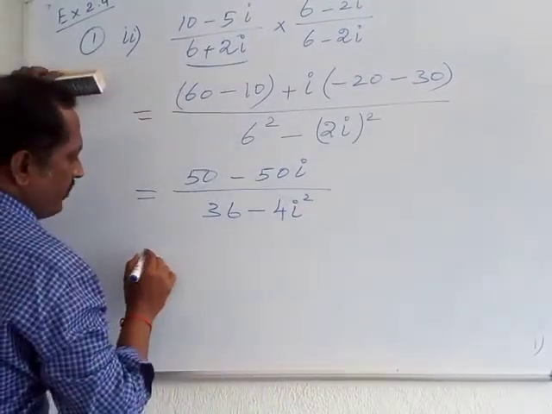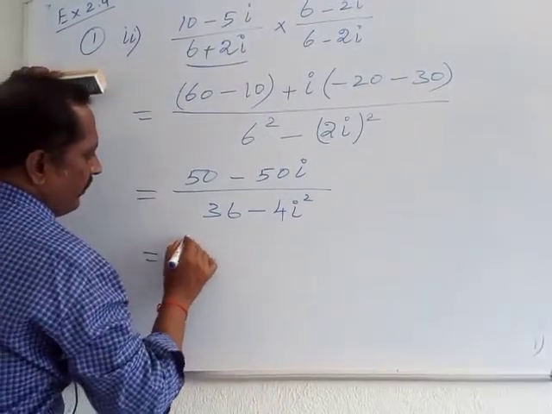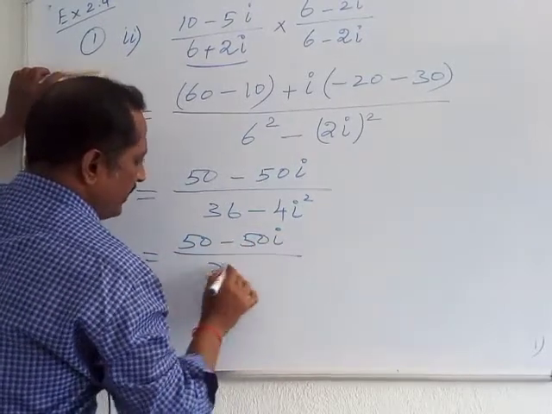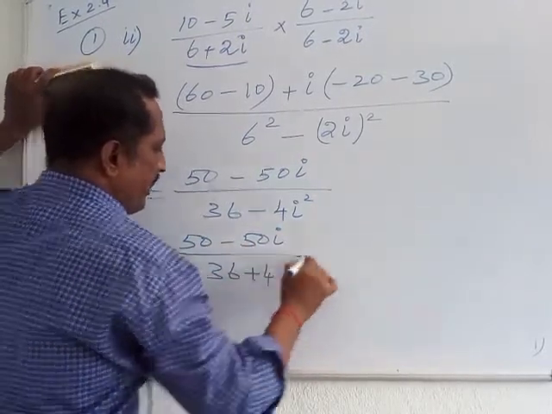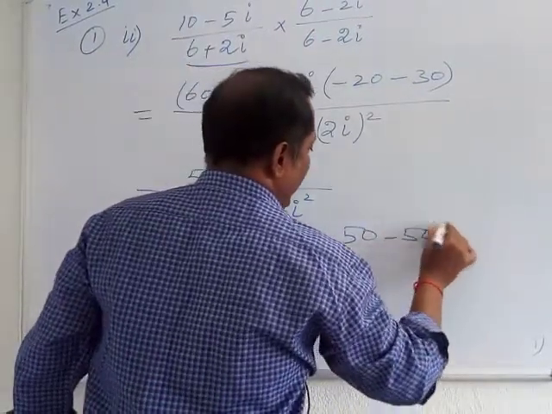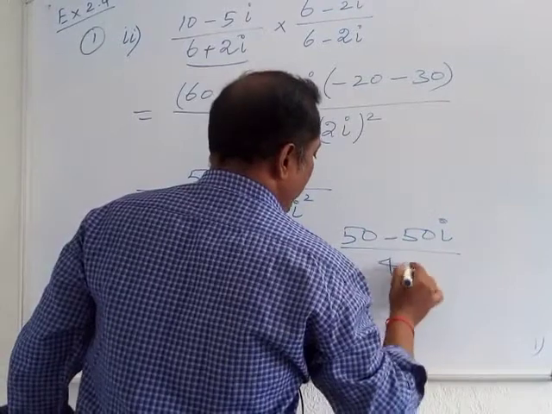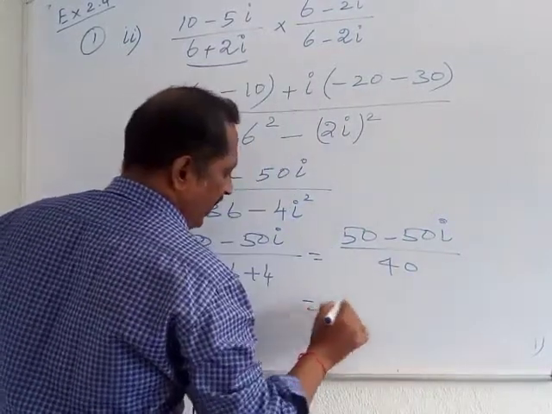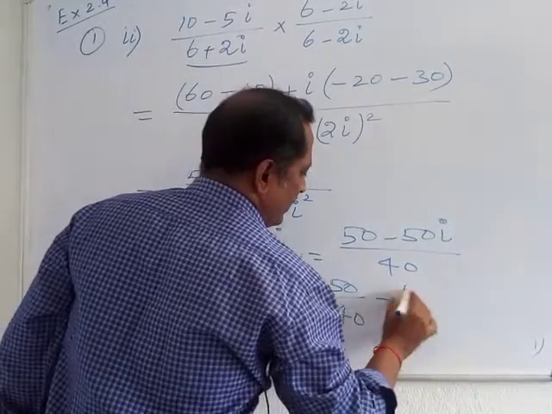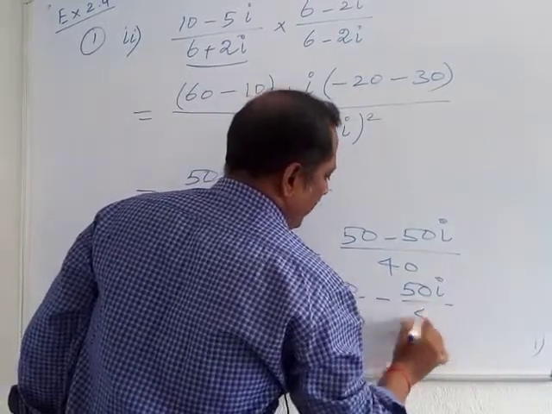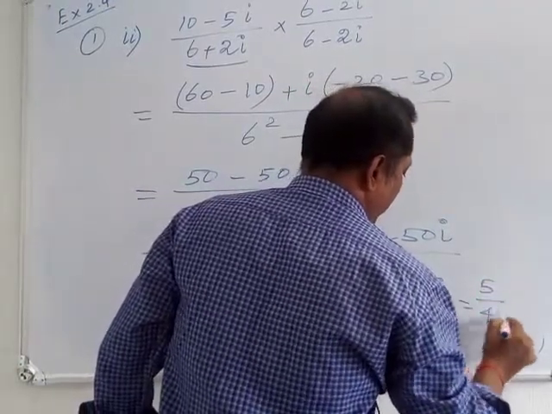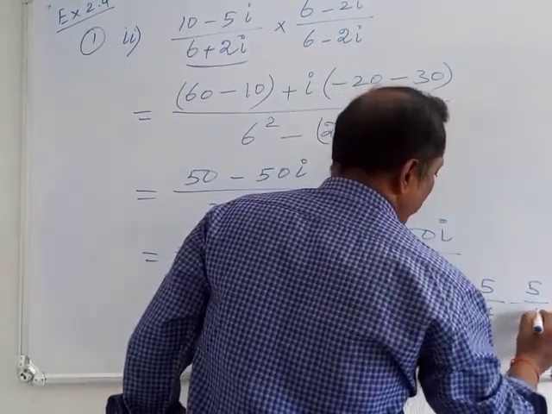So 4i squared, which is equal to 50 minus 50i divided by 36 plus 4. 36 plus 4 is 40. So 50 minus 50i divided by 40, which is 50 divided by 40 minus 50i divided by 40. After cancellation, we get 5 by 4 minus 5 by 4 i.